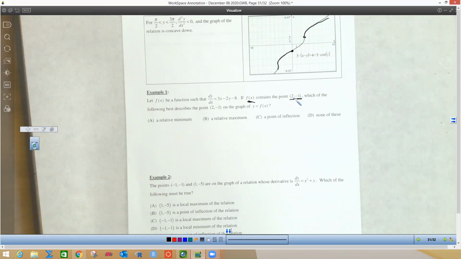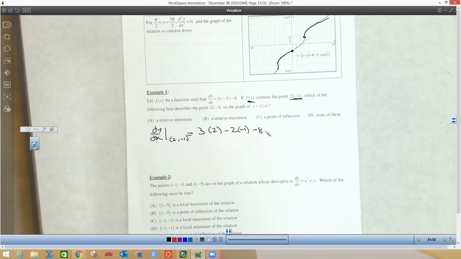So what we need to do is find out what sign we have here, okay? So we need to find the sign of this thing. So I'm going to plug into dy dx the point 2, negative 1. And when I plug that in there, I'm going to get 3 times 2 minus 2 times negative 1, minus 8. All I'm doing is plugging my x, y's in.